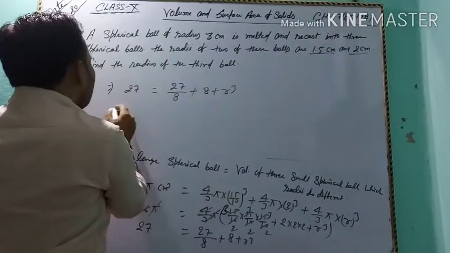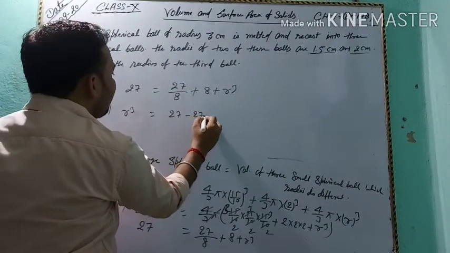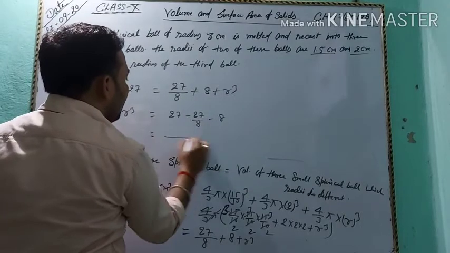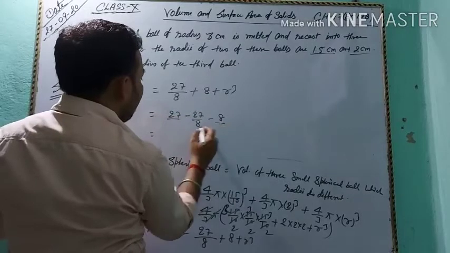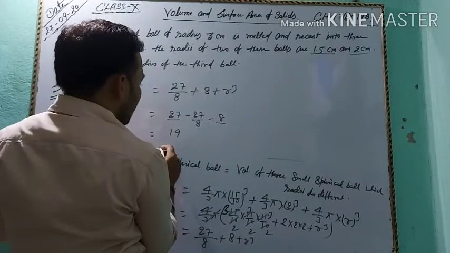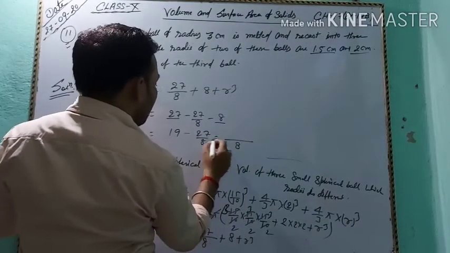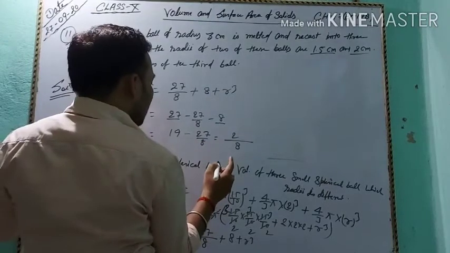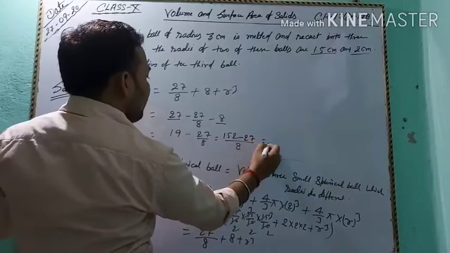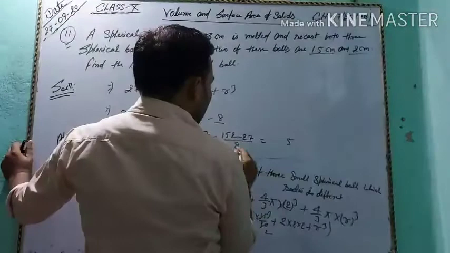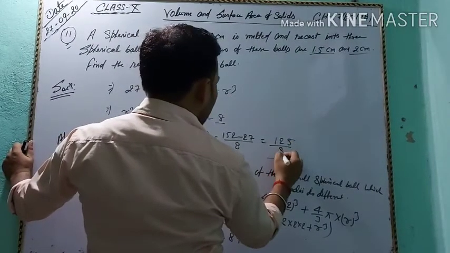Okay, and this implies r cube is equal to 27 minus 27 by 8 minus 8. Take LCM 8. 27 minus 8, that is 19, minus 27 by 8. So take LCM 8. 152 minus 27, 125 by 8.